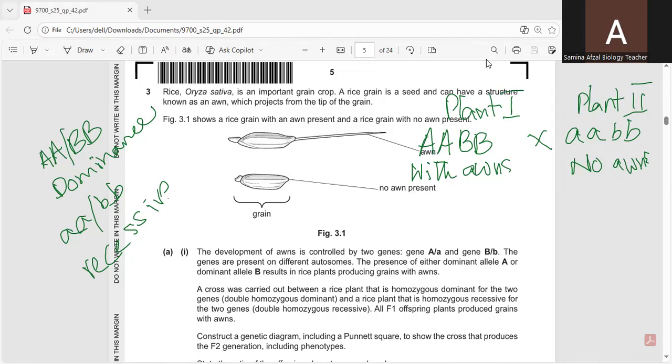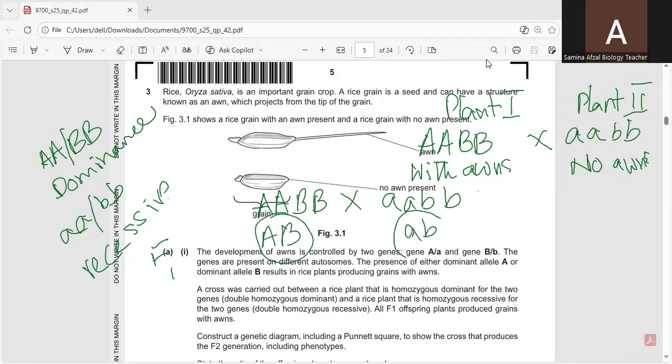So if we cross these two, double capital A, double capital B, into small a, small b, then for the F1 the gametes formed are AB from the first parent, capital A, capital B, and on the other hand small a, small b from the other.